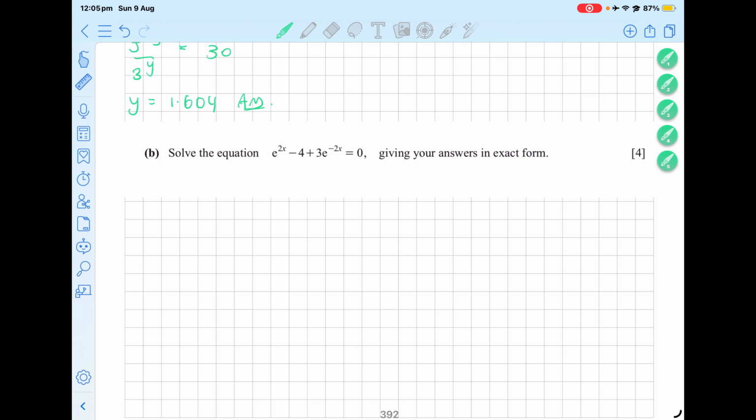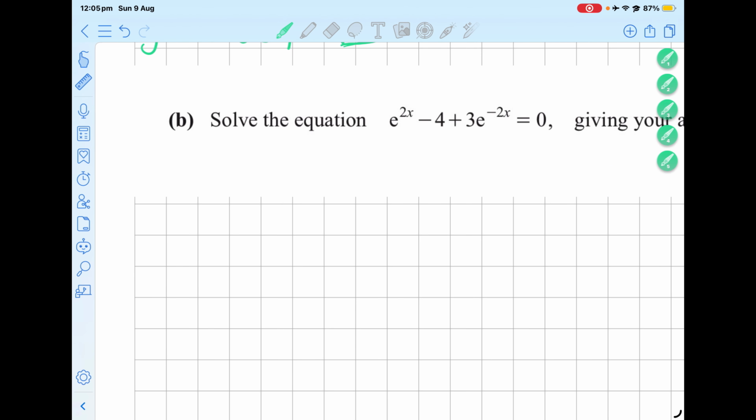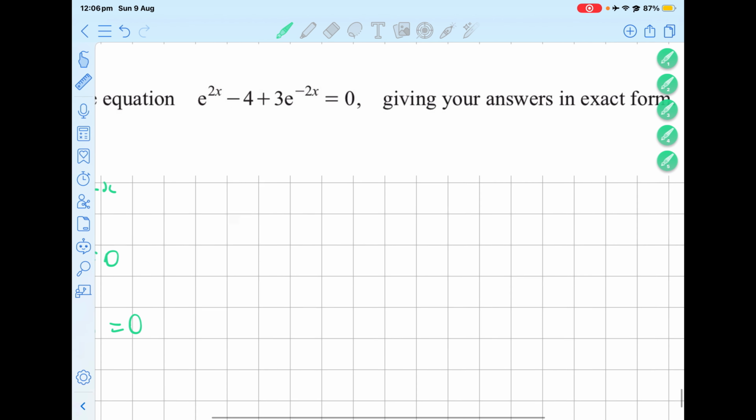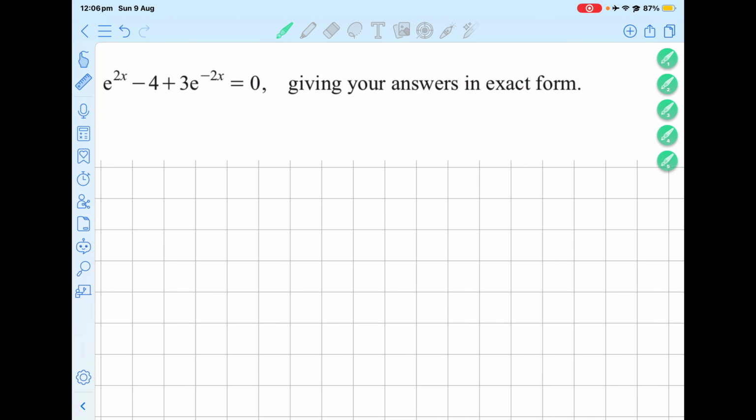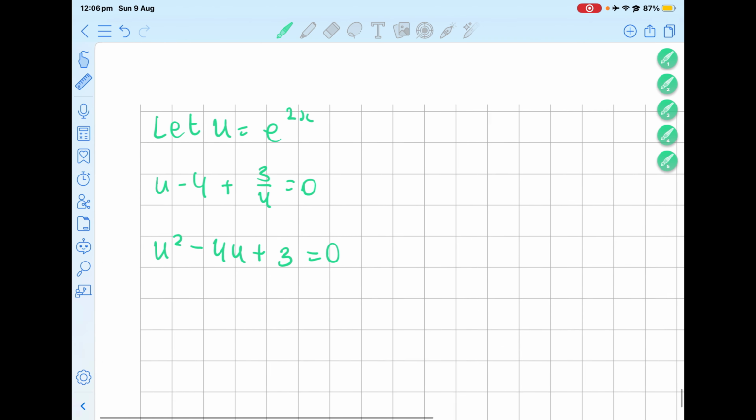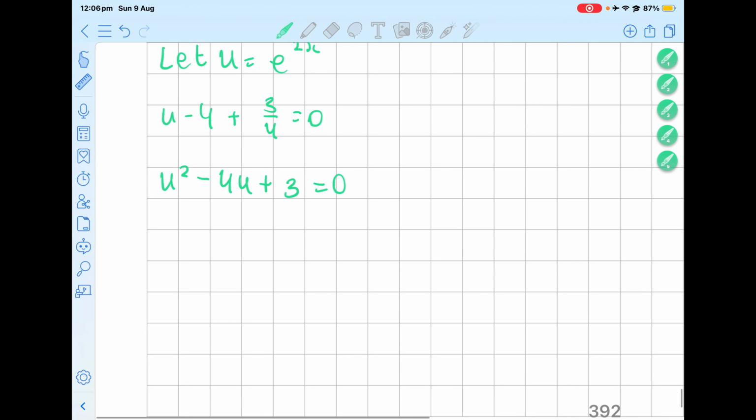I will say that u is equal to e raised to 2x. So u minus 4 plus 3 over u must equal 0. So u squared minus 4u plus 3 equals 0. And since we want all the answers to be in exact form, our only choice is to use factorization.